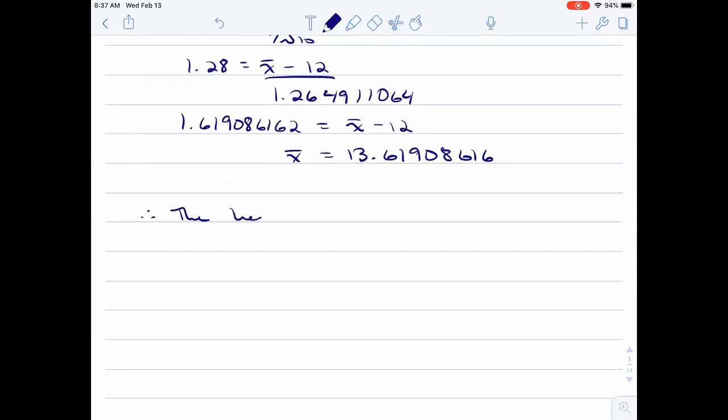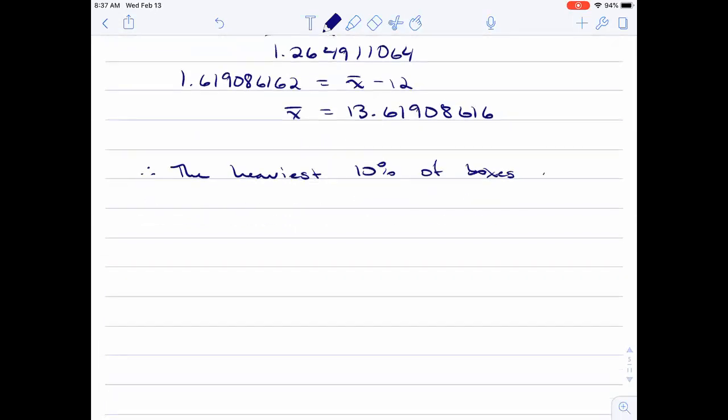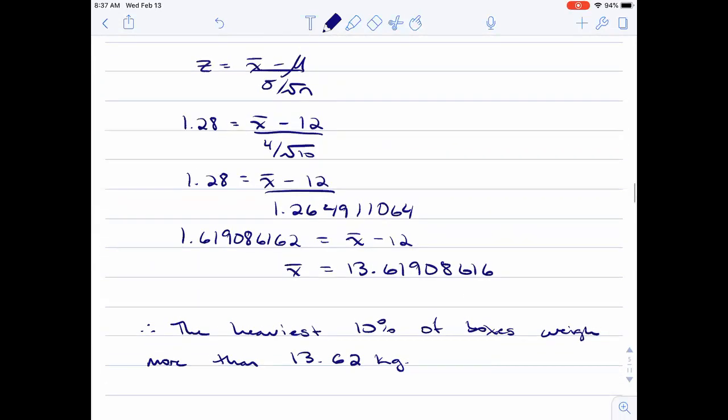Therefore, the heaviest 10% of boxes weigh more than 13.62 kilos, let's say. Okay.